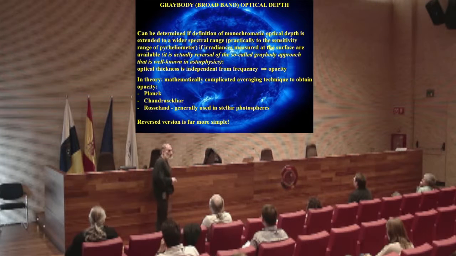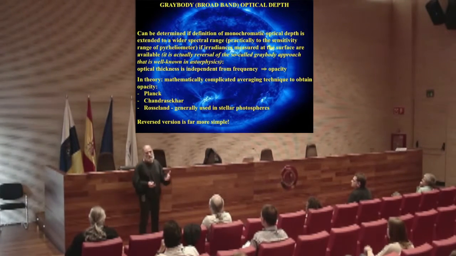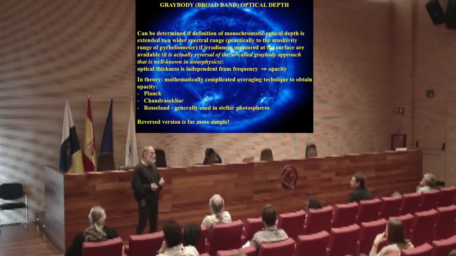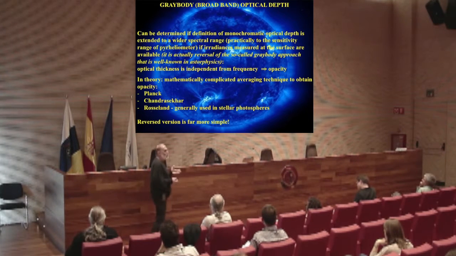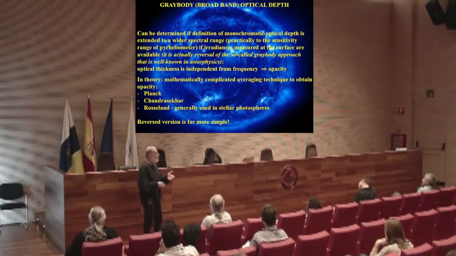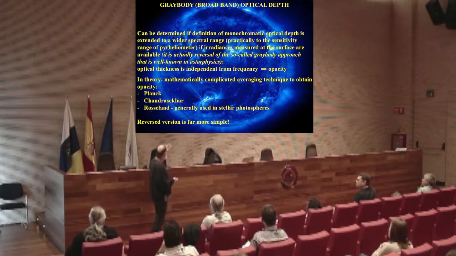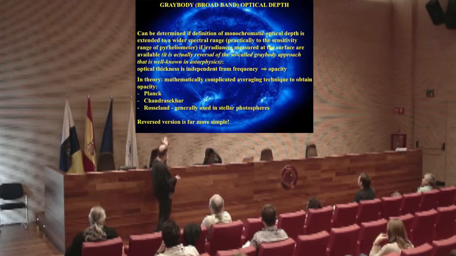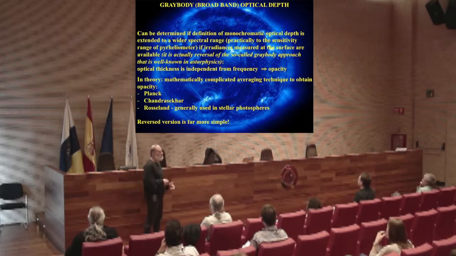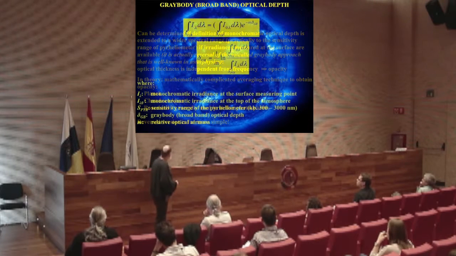And gray body optical depth is a bit my creation, but very useful if you have correct pyrheliometer measurements for the direct radiation. It is an extension of the definition of the monochromatic optical depth, and mathematically a bit inverse of the Planck or Chandrasekhar or Rosseland opacity that is used in the line-by-line radiation transfer methods.